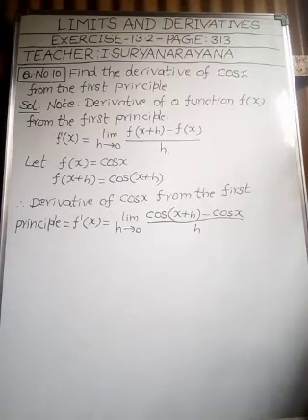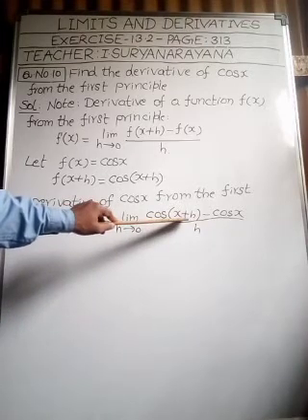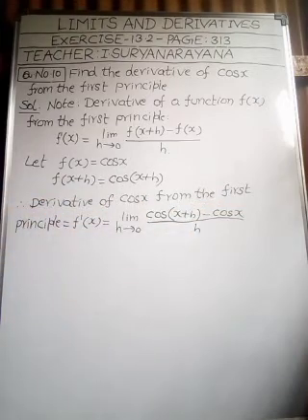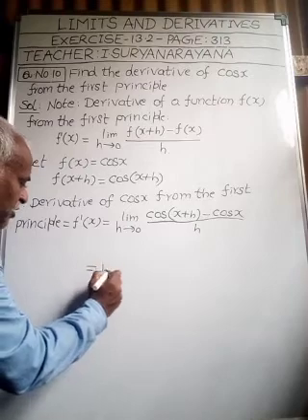For that, we have to use the trigonometric transformation formula. We assume that this is cos C minus cos D. In the numerator, we use the cos C minus cos D formula. What is the formula?